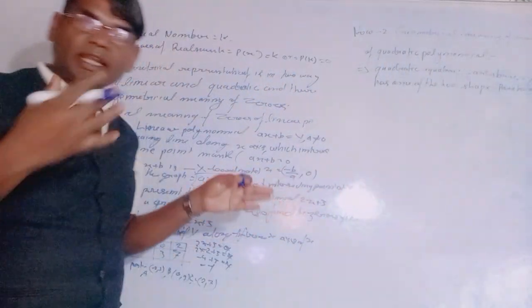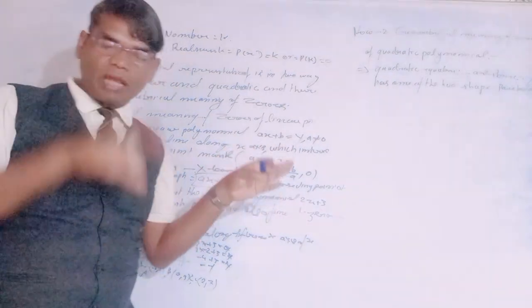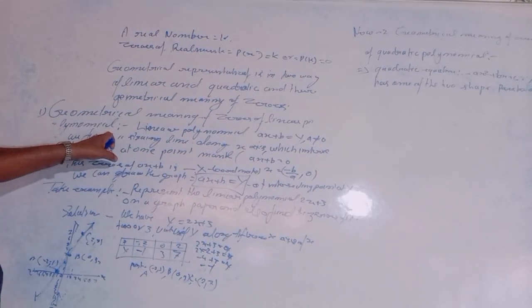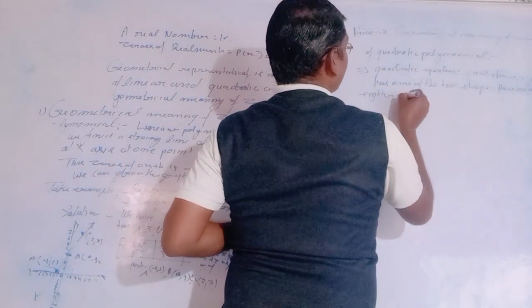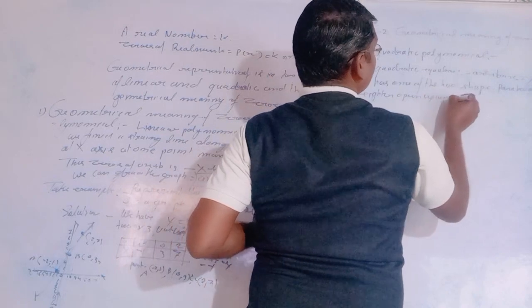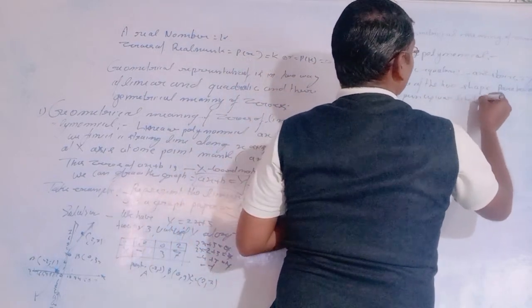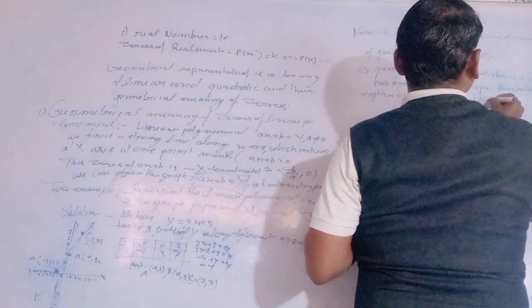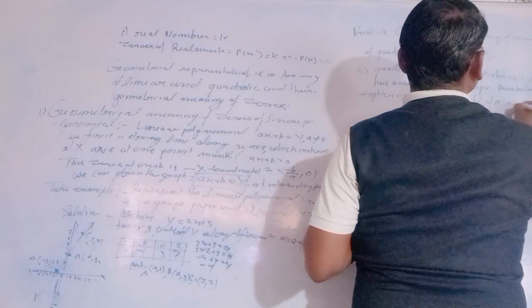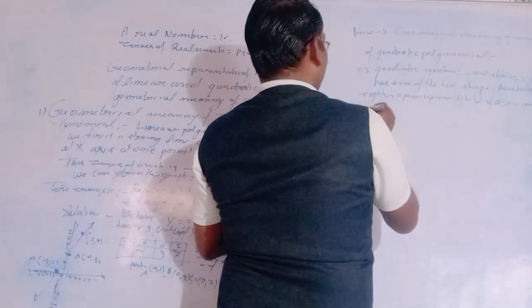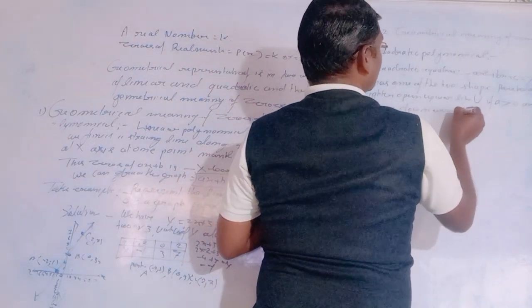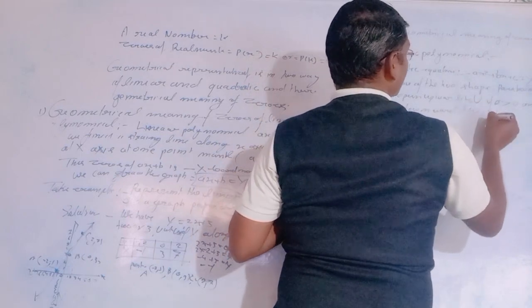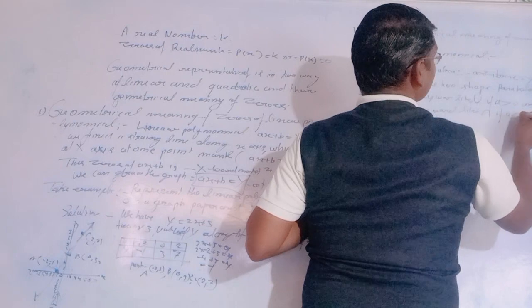The two shapes of the parabola are: it opens up or it opens down. It opens upward like this if a is greater than 0, and opens downward like this if a is less than 0.